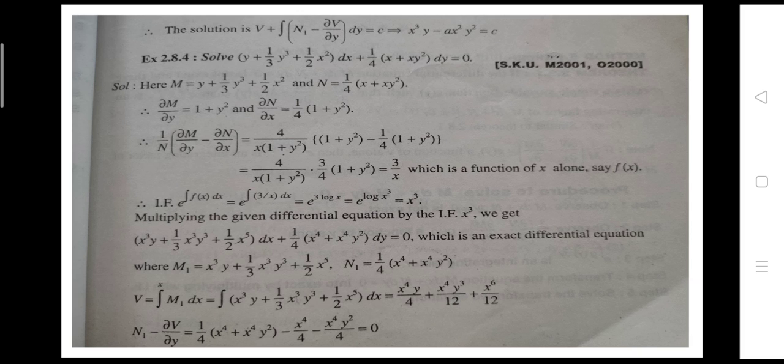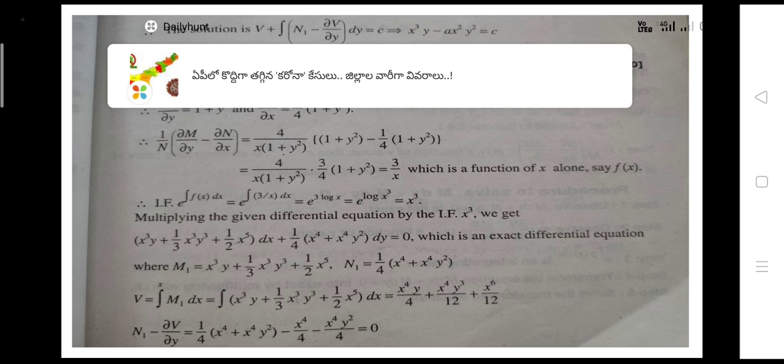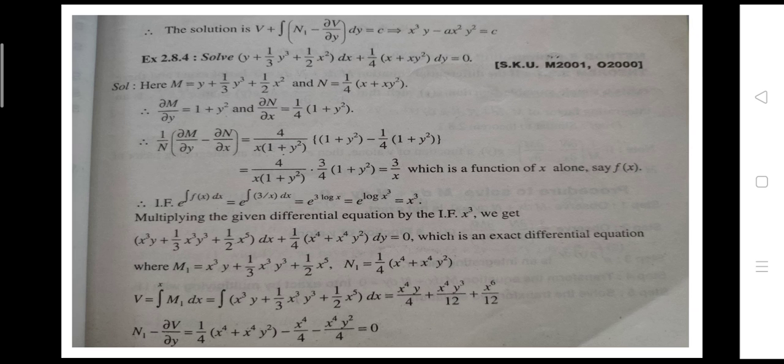Now multiplying the given equation by the integrating factor, that is x³, we get (x³y plus 1/3 x³y³ plus 1/2 x⁵) dx plus (1/4 (x⁴ plus x⁴y²)) dy is equal to 0, which is an exact differential equation.